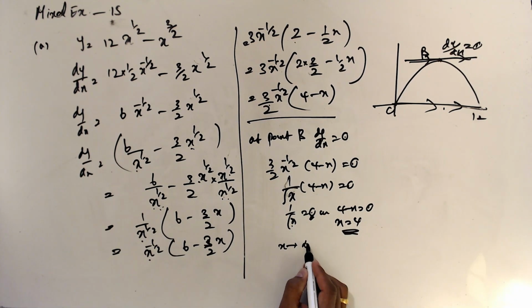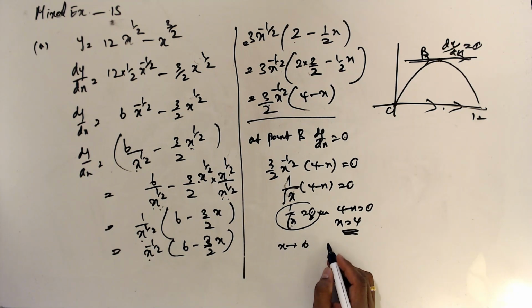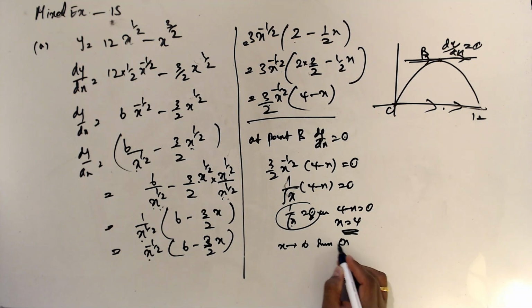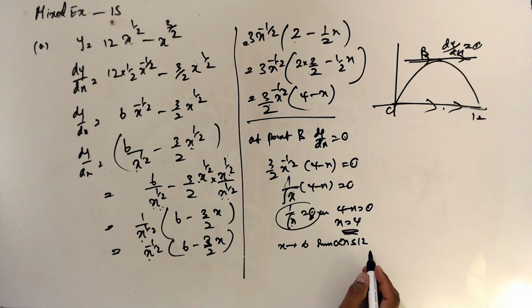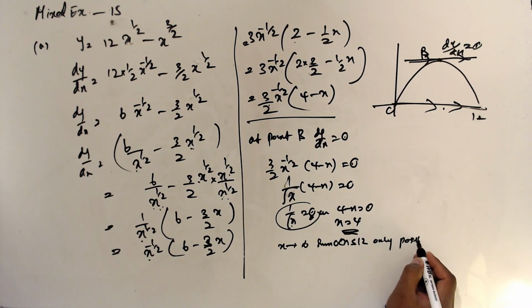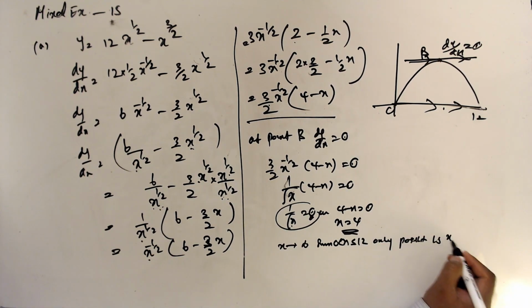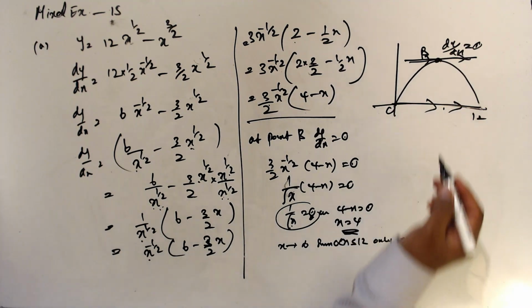Only then this answer becomes 0. But since x is between 0 and 12, we will reject this answer. The only possibility is x equals 4.